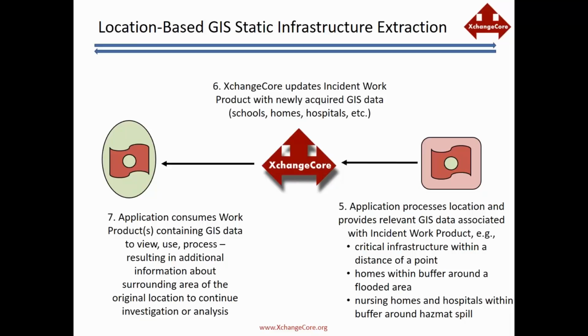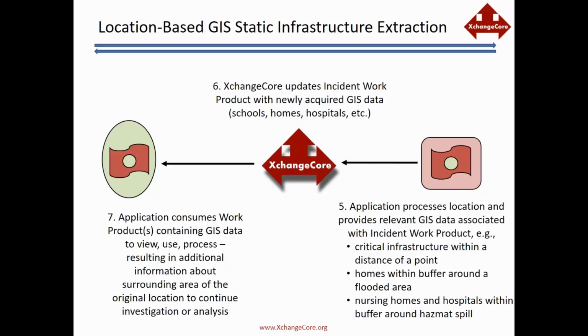So back in XchangeCore, these things are all going to match up. Whether it's critical infrastructure within a distance of a point, or homes within a buffer around a flooded area, or nursing homes and hospitals in a buffer around a hazmat spill, all that information gets returned back to XchangeCore, associated with that first incident, that green dot that started over on the left-hand side, that location.